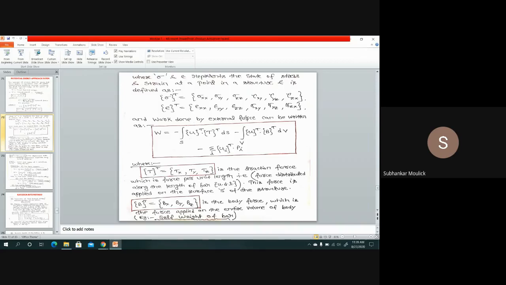And this is the work done due to the body force present in the component. Body force is nothing but the self weight of the object itself. And the last is the work done due to point load at any particular nodal point. This i represents the nodal point at which the point load is acting.